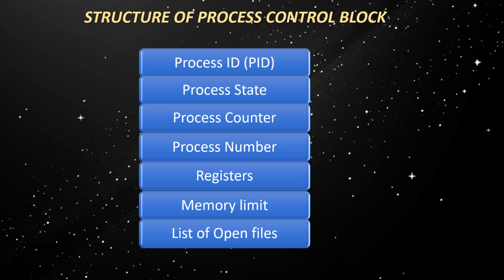Before we move on to the next slide, we're discussing PCB and context switching, where the PCB plays a crucial role. Imagine two processes, process A and process B. If the CPU switches from A to B, it must save A's state and later restore it.